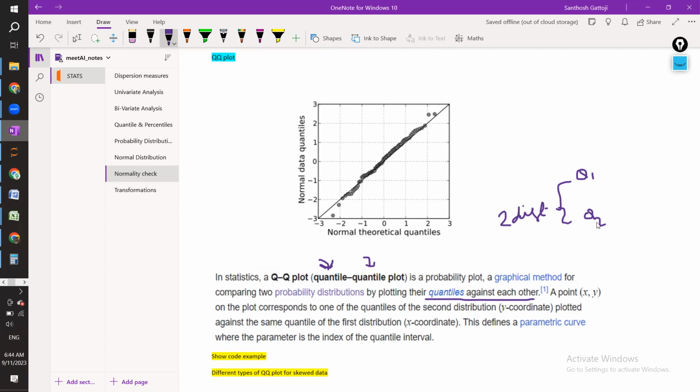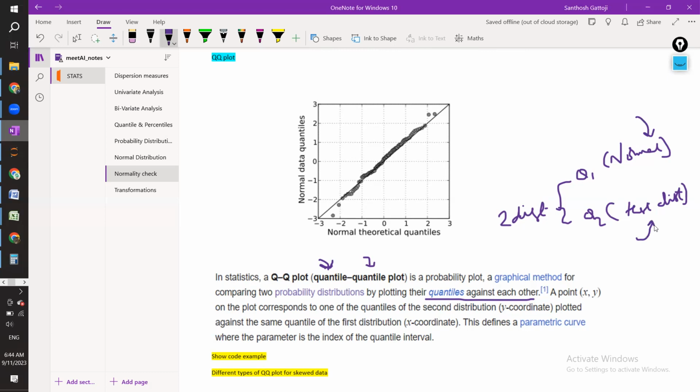Here we will take q1 as a normal distribution, and q2 as a test distribution. Now we already know that q1 is a normal distribution. We intentionally took it as a normal distribution, but q2 is some test distribution.